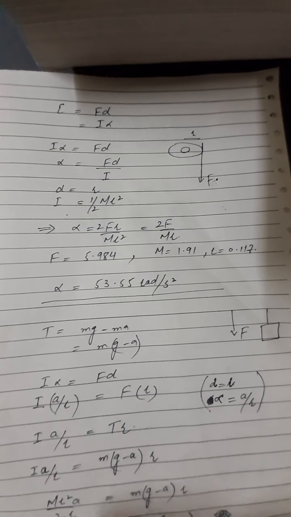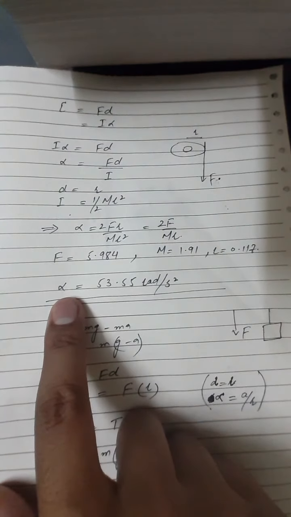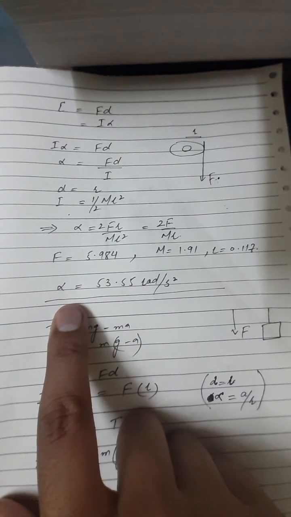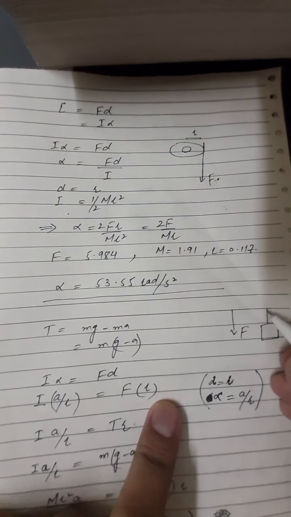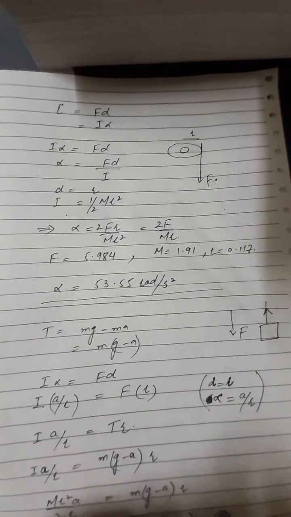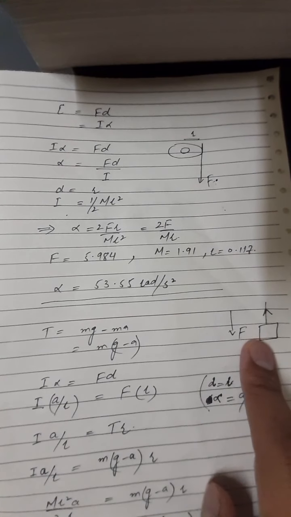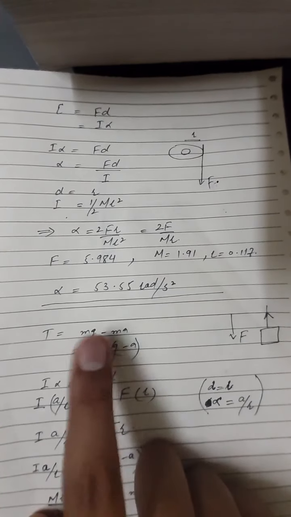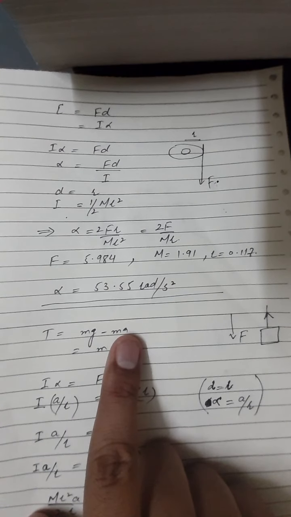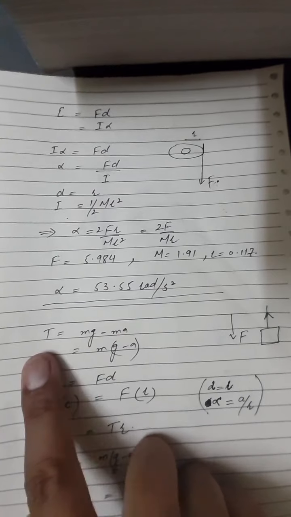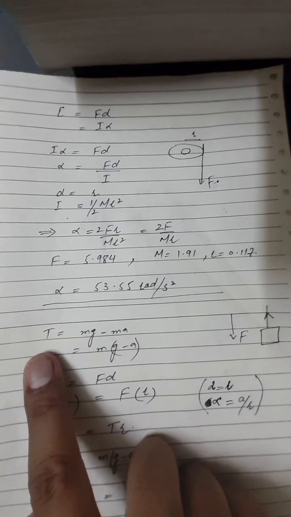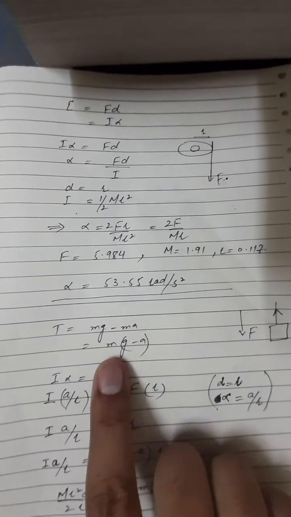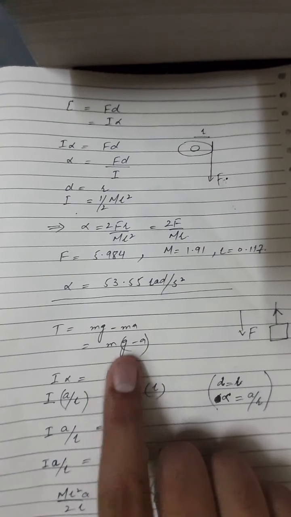The question is again to find the rotational acceleration, and we can do so, but first we need to find the upward force that is being exerted here, the tension. Tension would be, in this case, mg minus ma, the downward force minus the upward force, so you get the net force, and then you get m, this is your tension.